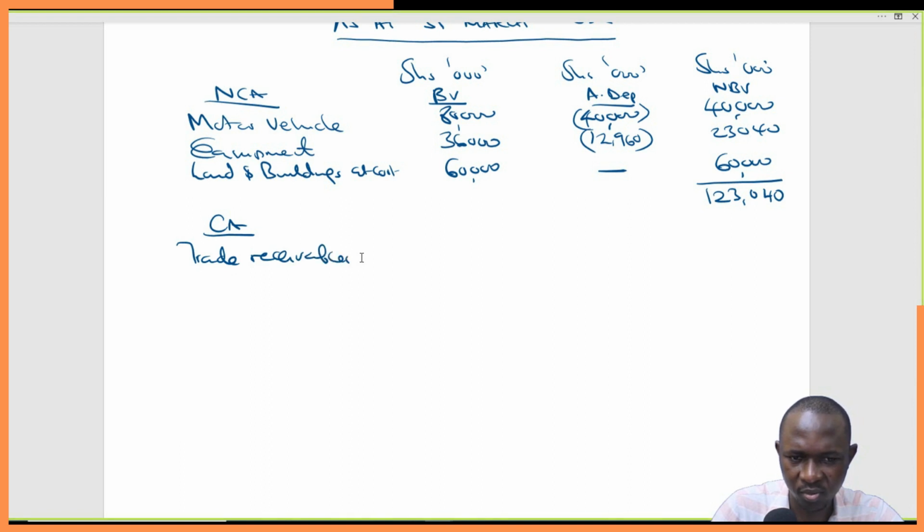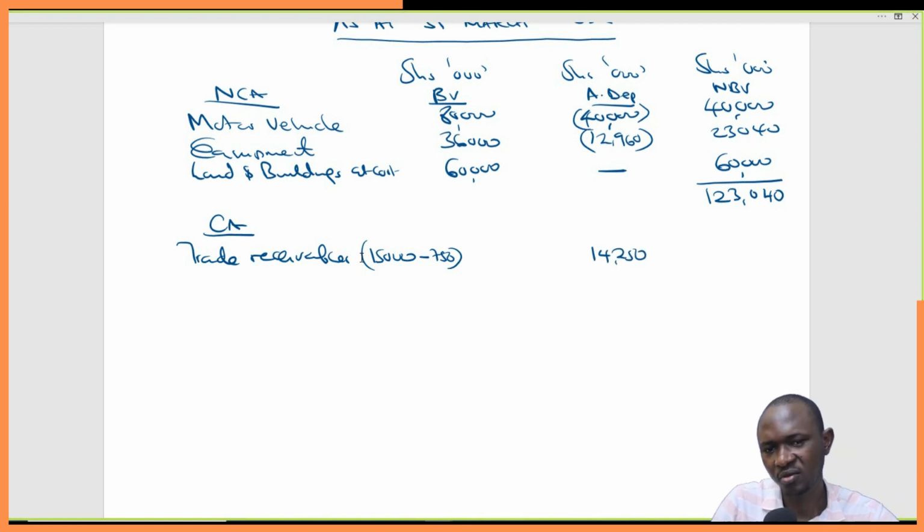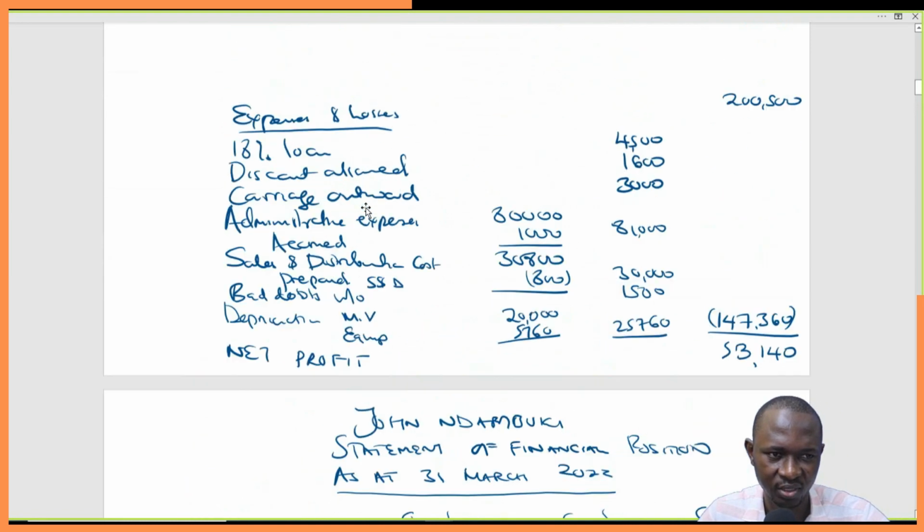Remember, trade receivables is 15,000 minus the provision for bad debts which has been set. Remember, it was 15,100 minus the 100 of the goods that were returned to remain with 15,000, and then we maintained the allowance for bad debts at 750, which makes it 14,250.